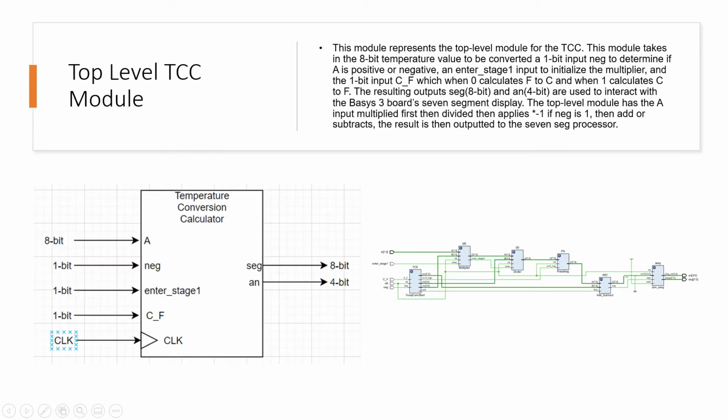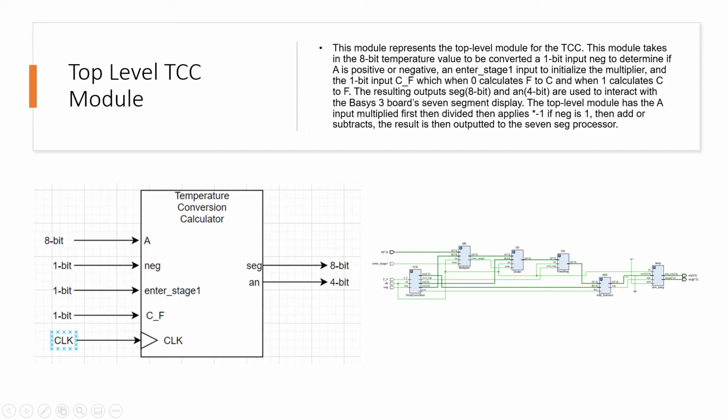Alright, now we're going to take a look at the top level module for the temperature conversion calculator. As we can see on the bottom left, we can see the 4 primary inputs along with the 2 outputs in the figure below. What we can see is that the 8-bit input A is going to be the temperature value that will be converted. Neg is our decider whether the input is plus or minus.